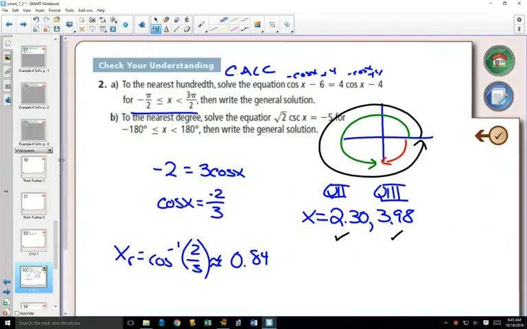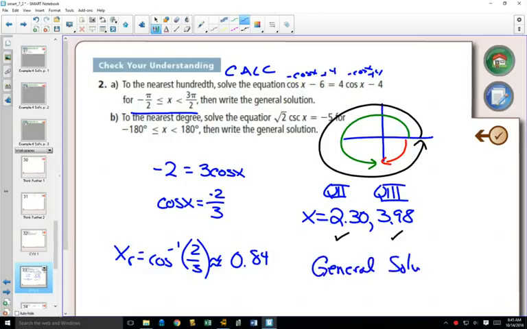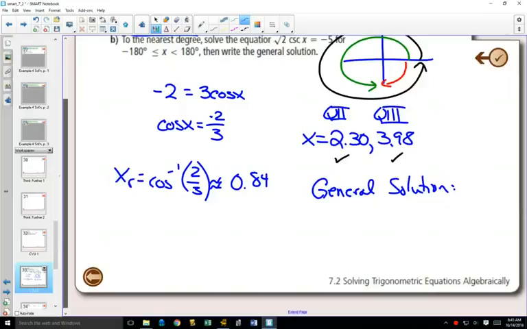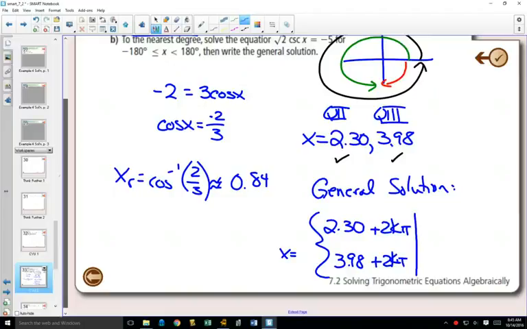For the general solution, we're going to write all of our answers from 0 to 2 pi, so that's 2.30 and 3.98, and add 2k pi to each of them.